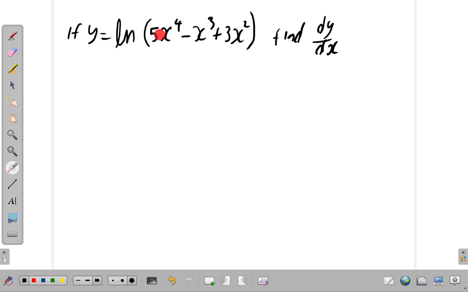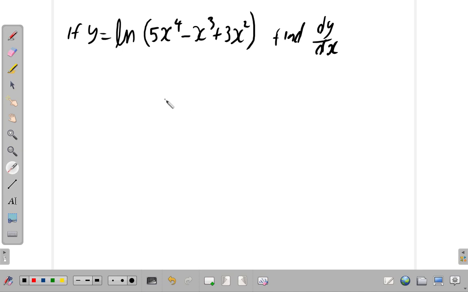The natural log of all of this is a function. It's the natural log of something, and then it's the natural log of what? It's another function. So it's a function within a function. So what you will use here is the chain rule.